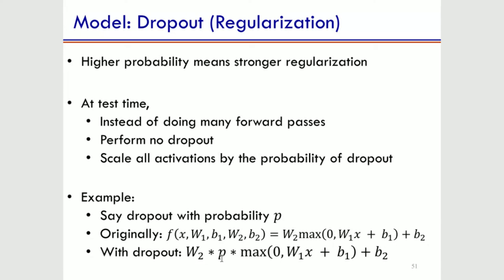So think of it this way. Let's say I have 10 neurons all contributing to a score value, and the score is just a sum of these 10 different neurons. I dropped 40% of the neurons, then only 60% of the neurons remain. So it's as good as saying as if I had all 10 neurons, but I'm taking only 60% of the values as my final score.